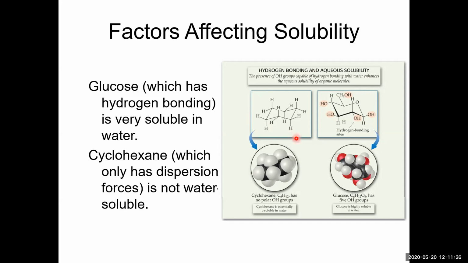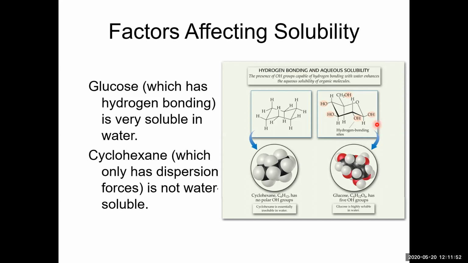And so the thing is that in order for water to hydrogen bond to glucose, it has to not hydrogen bond with itself as much. So think about a water molecule coming right in here on this OH. In order for it to form a hydrogen bond here, it would have to break a hydrogen bond with another water molecule.